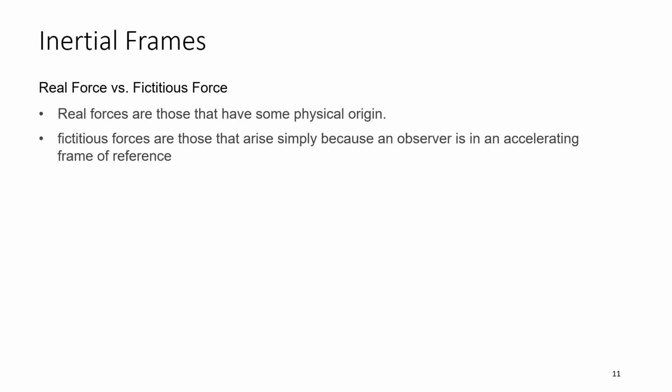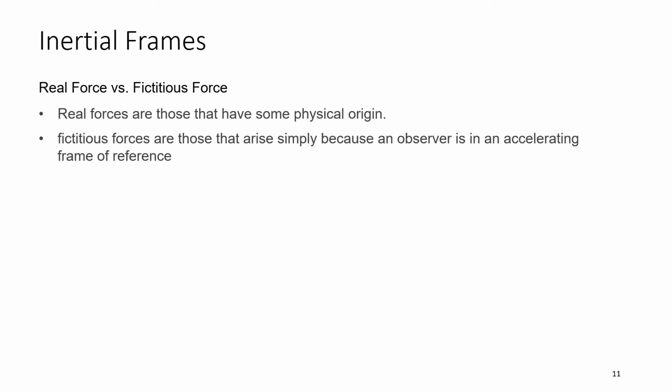You may or may not have heard about it, but in physics, there are some forces that are real, whereas others are not. Real forces are those that have some physical origin, such as the gravitational pull.